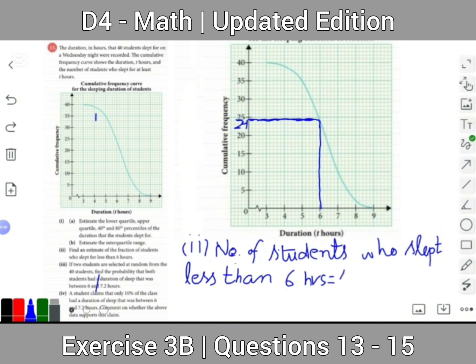So the total number of students is 40, and the number who slept at least 6 hours is 24, and it will give us 16. So 16 students slept for less than 6 hours.